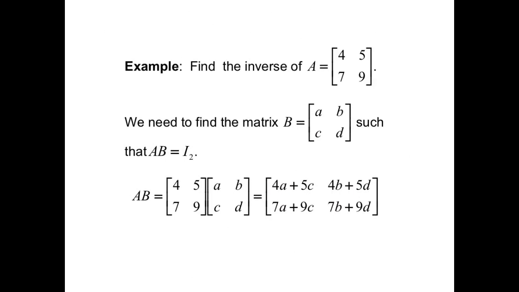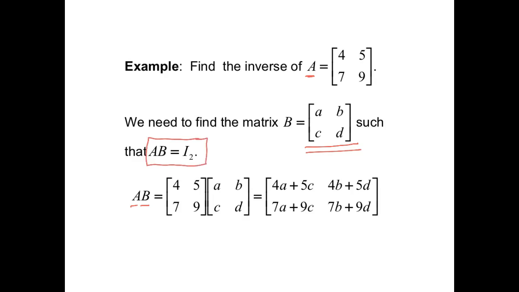So now let's say I've got the matrix A, and I need to find this mystery matrix B, and what has to be true is if I multiply A times B, I'm going to get the identity matrix. This has to be true if A and B are inverses.